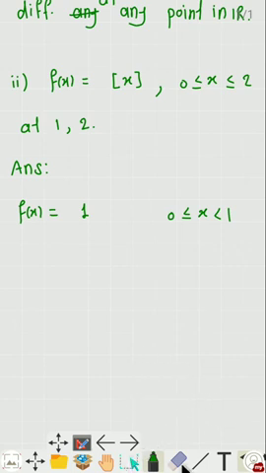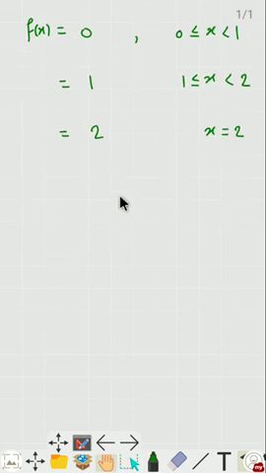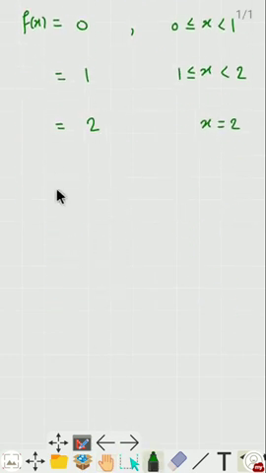In the second case, when x is greater than or equal to 1 and strictly less than 2, the function has value 1, and when x is equal to 2, the function has value 2. So this is a step function.